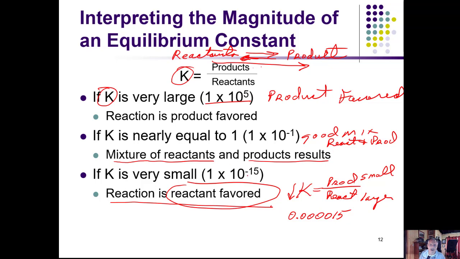And if K is very small, then you have a reactant favored reaction, because that's the only thing in this equilibrium constant expression that can produce a really small K: your numerator, your products, is very small and your reactant concentration is large.